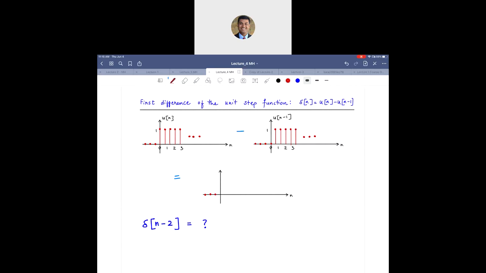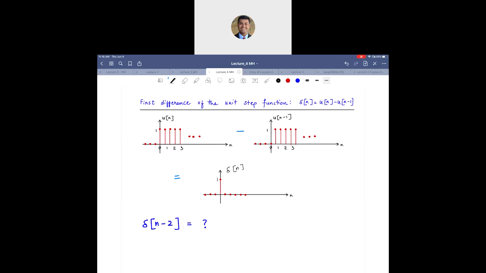So that is also 0. But at 0, I have 1 minus 0, which is 1. Which indicates that I have delta of n there. So that's called the first difference of the unit step function.